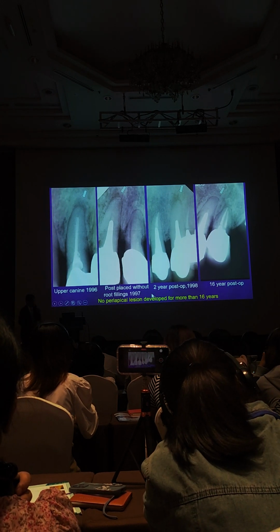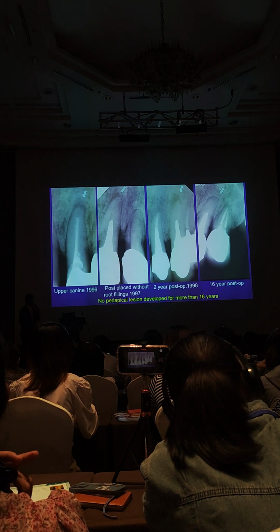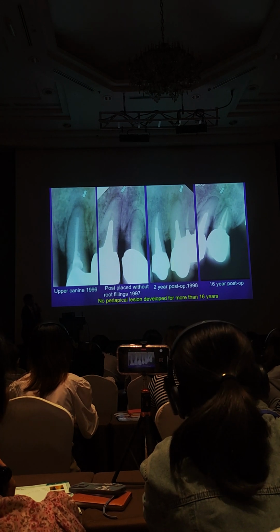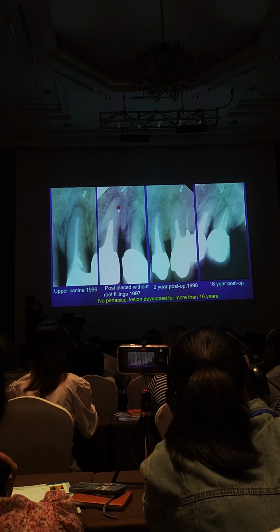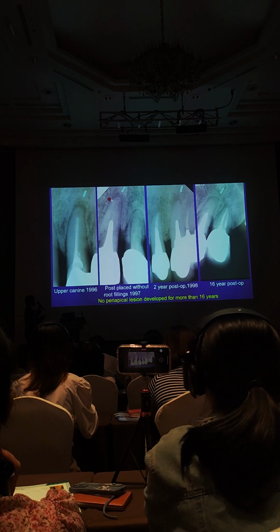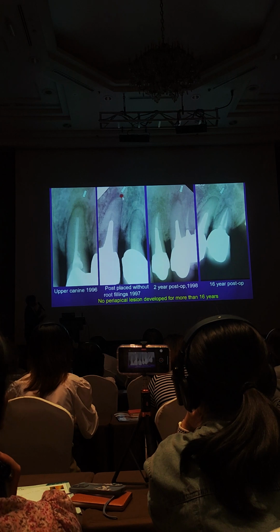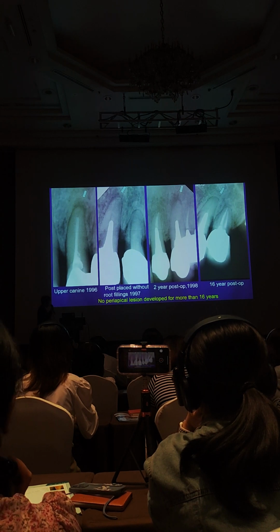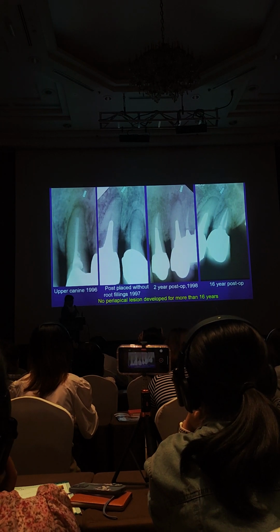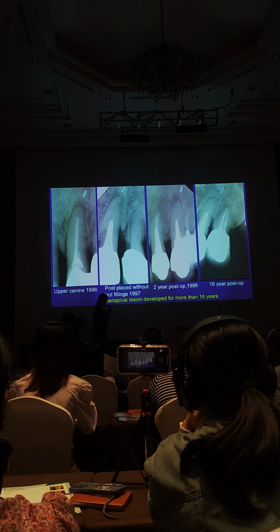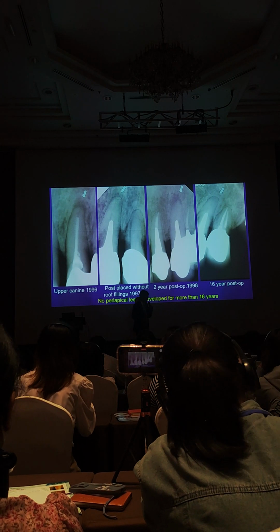I took a radiograph, and the radiograph surprised me because there were no root fillings. You see the periapical lesion associated with the root. But anyway, I didn't remove the metal post because I did a good job.